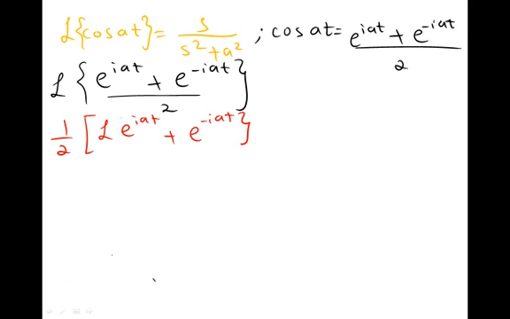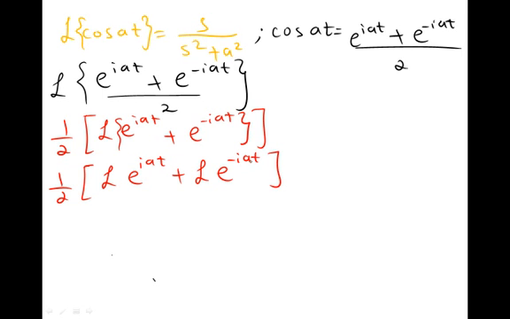Okay, so once you reach this step, you're going to distribute this Laplace for both: Laplace of e to the power of iat plus Laplace of e to the power of minus iat. Good. Don't forget that Laplace of e to the power of at equals 1 over s minus a.